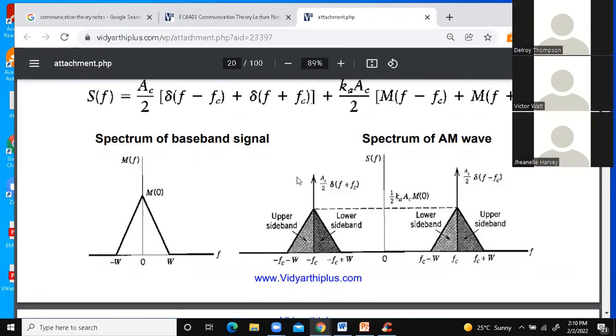This is Ac over 2. And we are plotting, well, down here it would be minus. We are plotting this times this here. And again, it's frequency.